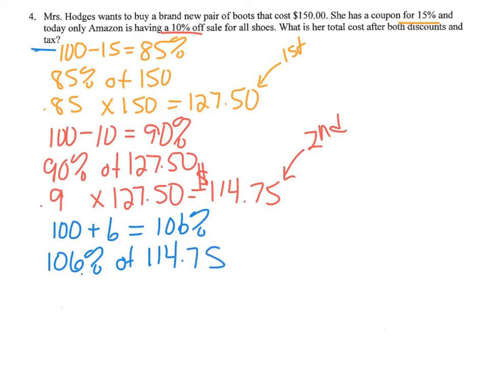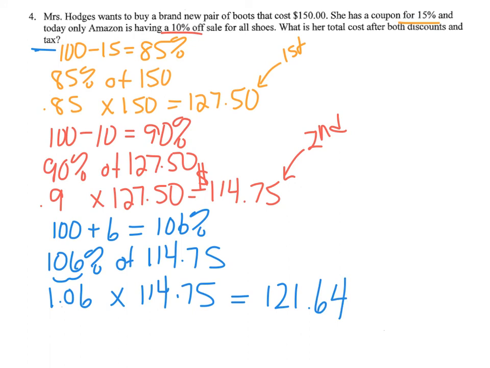So translating this to a decimal, we have 1.06 of means times 114.75. So 1.06 times 114.75 gives us 121.64.